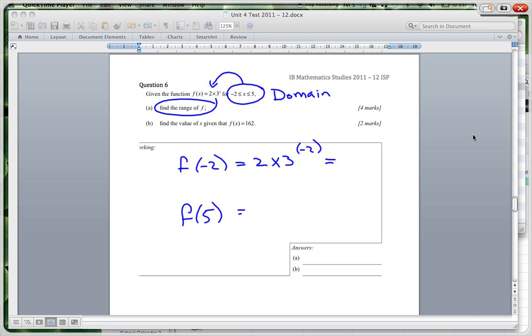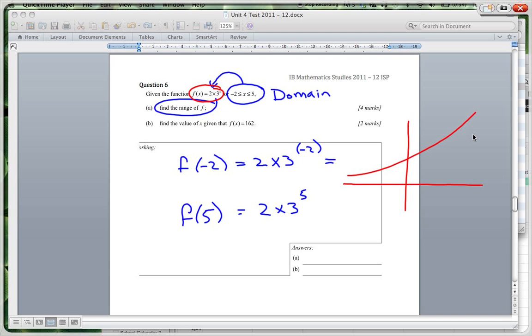That will give me 2 × 3^5. Now, if you want, and it's probably quite a good idea, just draw up this graph. When you draw it up, you see that you've got a graph something like this.